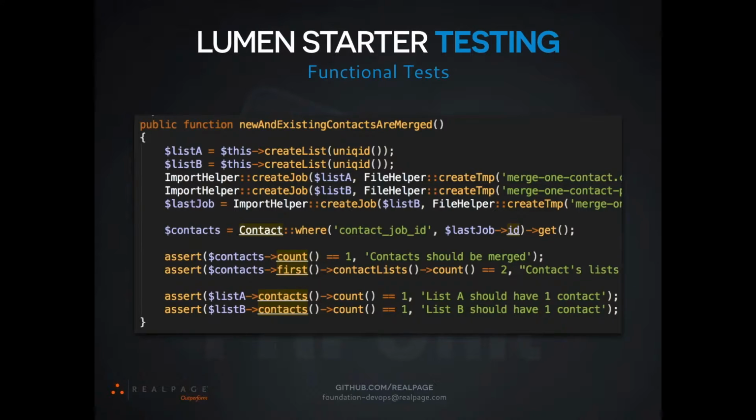It creates two different lists of contacts, performs two different imports, and then runs assertions that those two contacts were merged, so that basically the system was intelligent enough to pick up that they're actually the same person. Rather than duplicating that contact, we're going to merge them together.